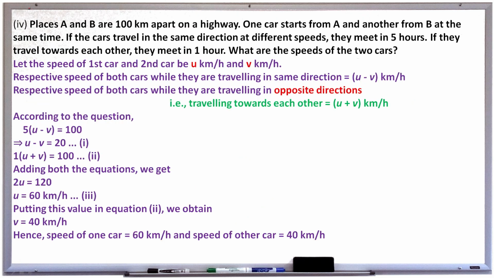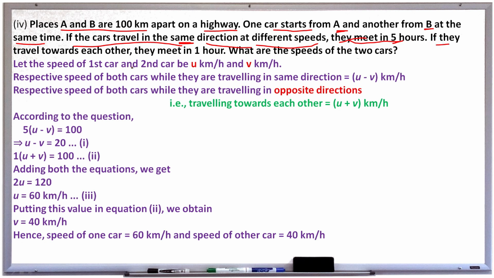Places A and B are 100 km apart on a highway. One car starts from A and another starts from B at the same time. If the cars travel in the same direction, at different speeds, car A and car B meet in 5 hours.